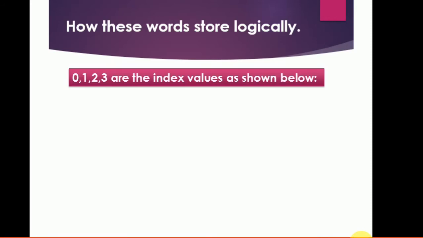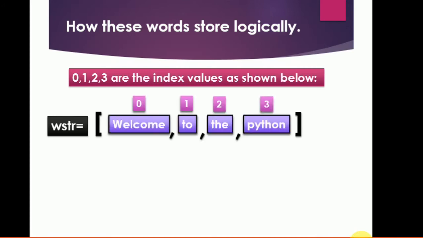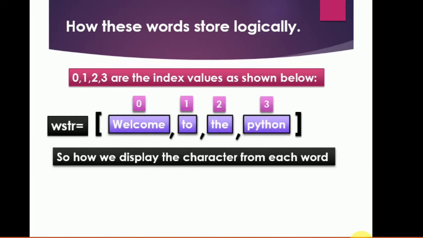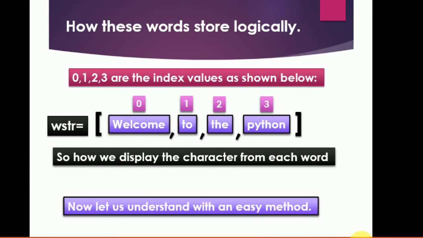How are these words stored logically: 0, 1, 2, 3 index values as shown like this. So we display the character from each word. How do we display? I'm going to tell you an easy method, and you're going to understand the concept more clearly.